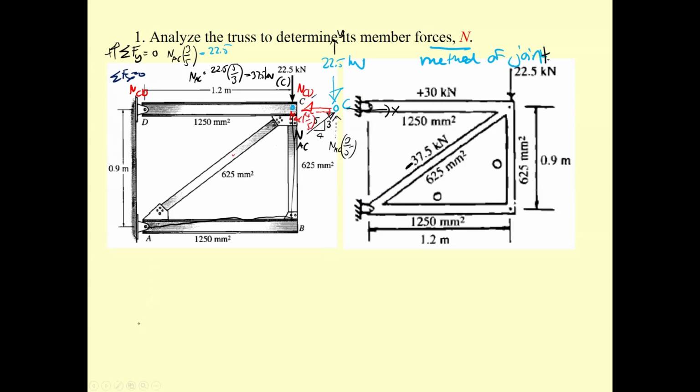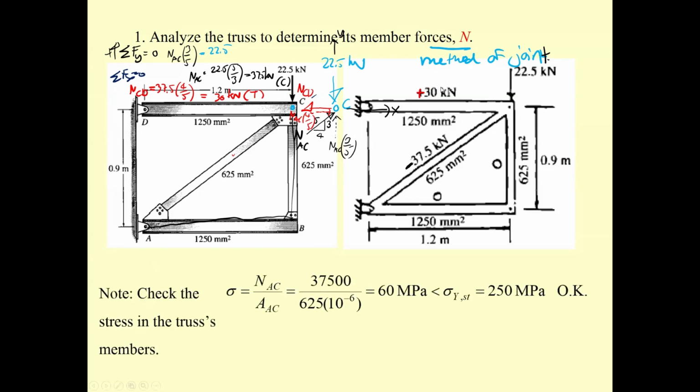So this is equal to 37.5 times 4 over 5. You get 30 kilonewton, and this one is going to be positive.